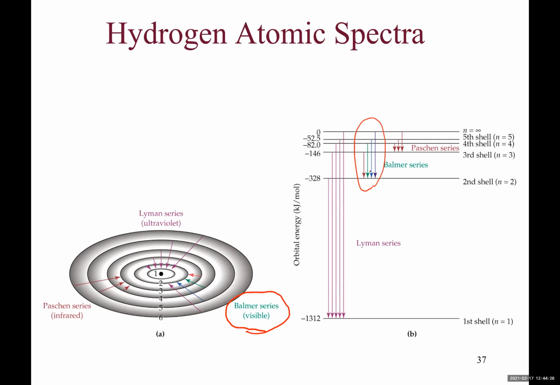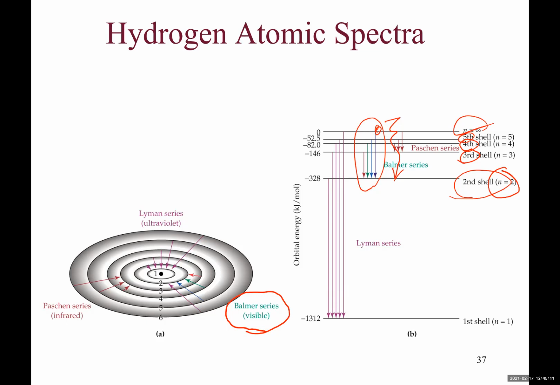Based on his calculation, all the visible light, the 4 lines that we are seeing, is the result of electrons dropping from the 6th energy level and higher to the 2nd energy level, or dropping from the 5th energy level to the 2nd, or dropping from the 4th energy level or 3rd energy level to the 2nd. So these are all transitions of higher energy level electrons dropping to the 2nd energy level, this 2nd shell.